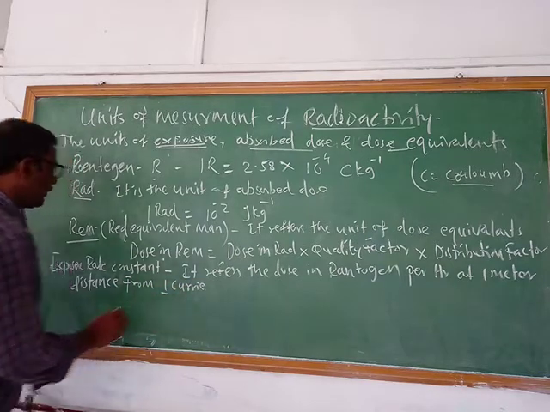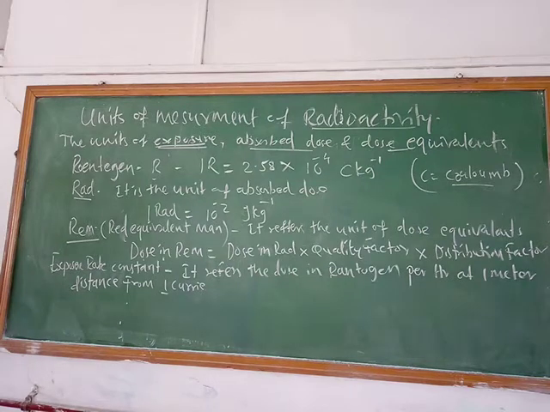That's what we call the exposure rate constant. It is about 1/10 the dose at a distance of 1 foot from one curie. अगर 1 फुट से 1 क्यूरी का जो भी कुछ डिस्टेंस होगा उसके ऊपर से जो रेडिएशन देते हैं उसके 1/10 होगा 1 मीटर के ऊपर से. ओके.